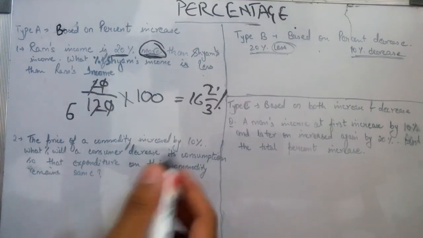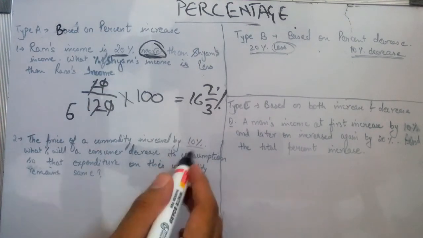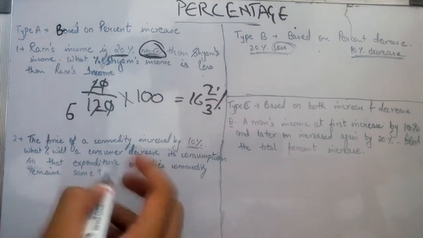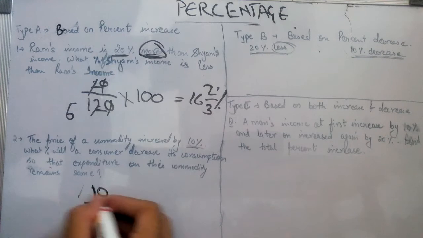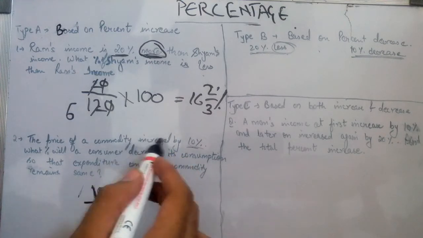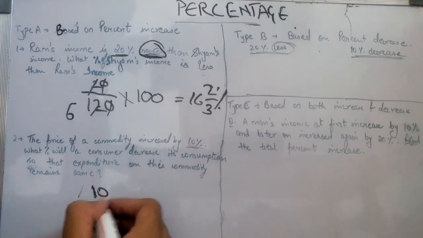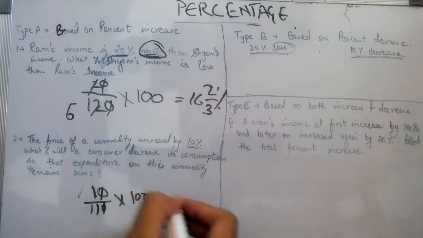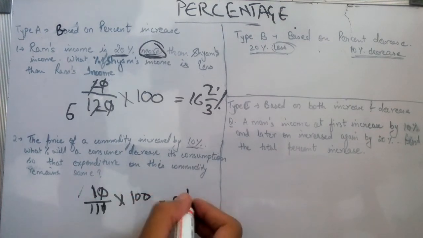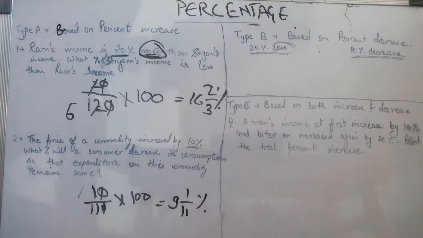Again it is really the same. This 10 should be used here as 10 upon, since it is talking about increase, 110 into 100, which is equal to 9 whole 1 by 11%. See how simple it is.